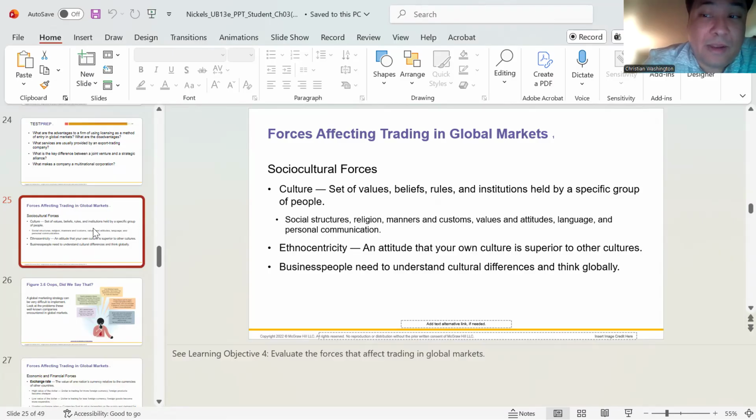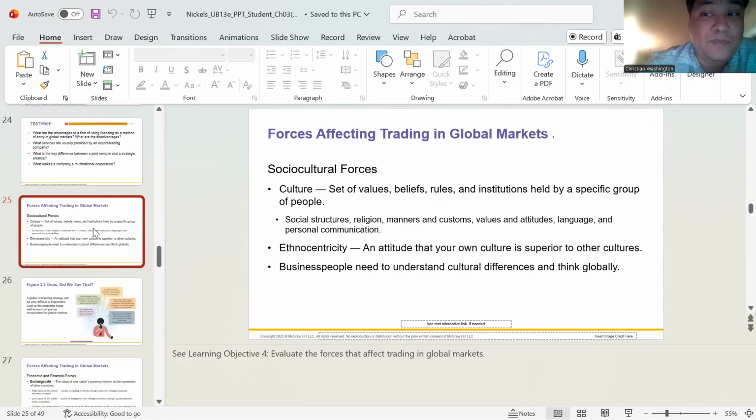There's a Catholic demographic in India, right? So it's not necessarily the whole country, but culture affects values, right? Beliefs, rules. This is an important part of global markets. I would say this is the most important part of it, right? Because laws are also determined by the culture, right?